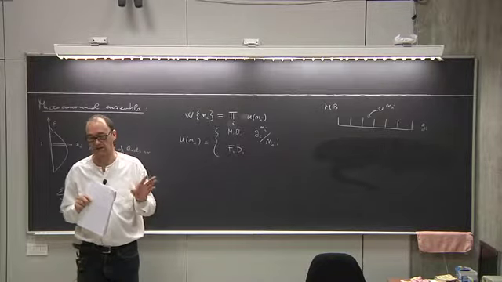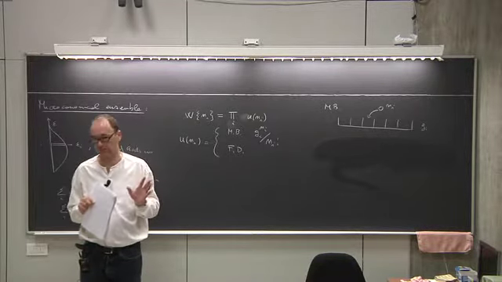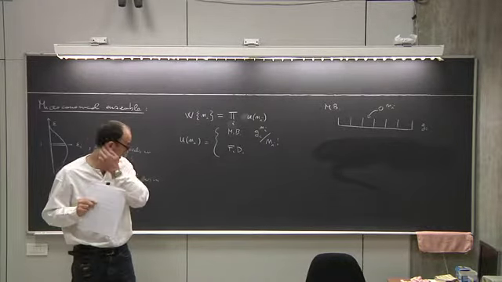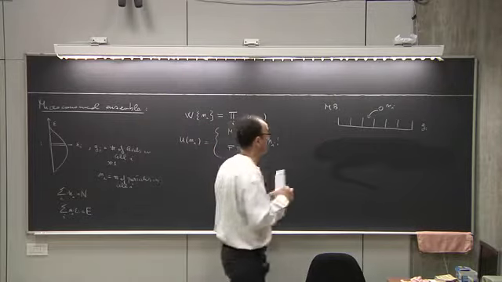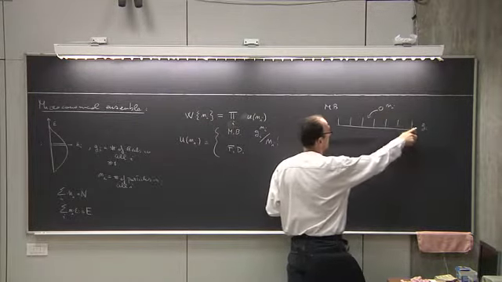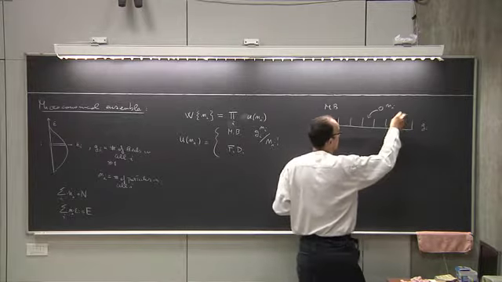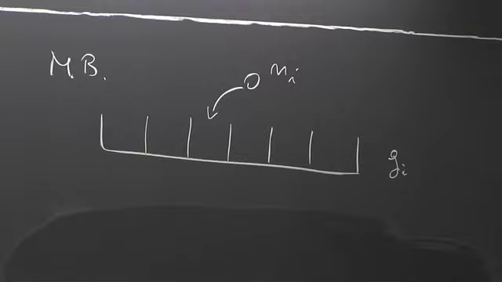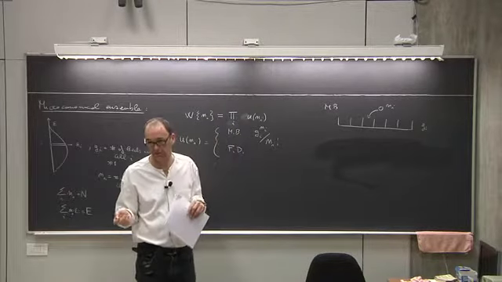Each state can have either 0 or 1 particle because of the Pauli exclusion principle. So in particular, ni for the Fermi-Dirac case will be less or equal to gi.